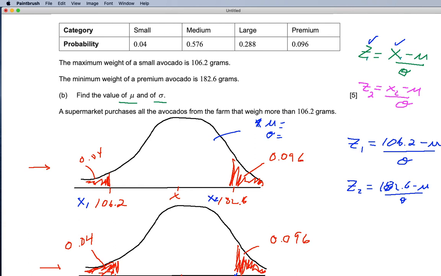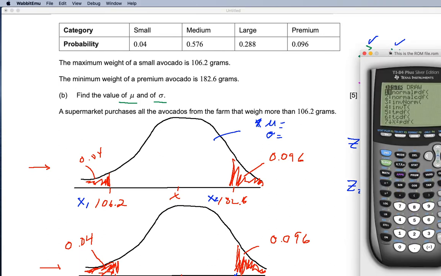And we have to use the command inverse norm. So you come here and you take inverse norm, and my area is going to be 0.04. We already know the mean for this is 0 and the standard deviation 1, so that's perfect.